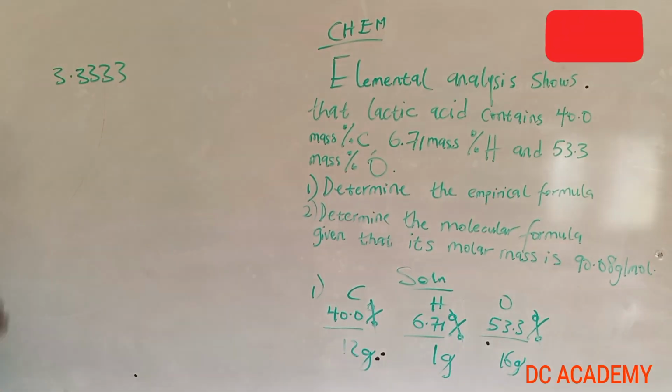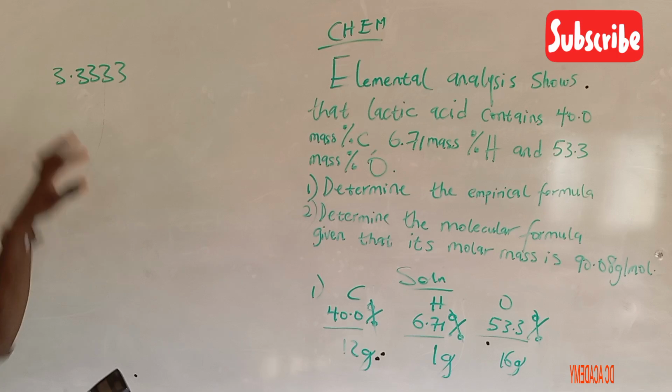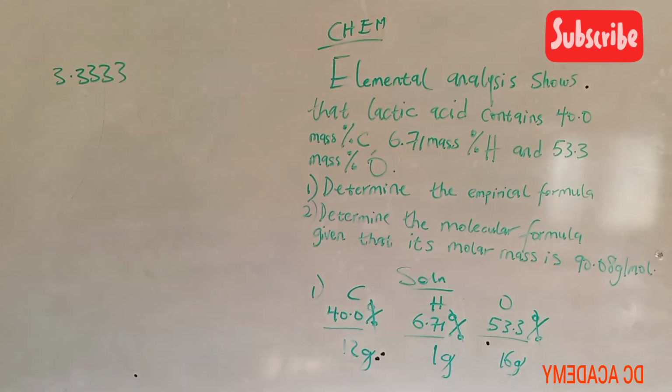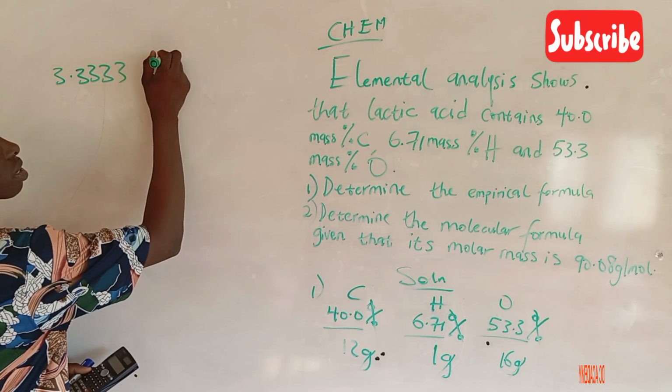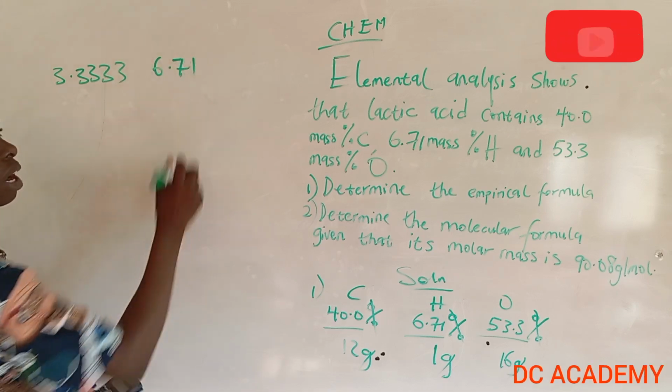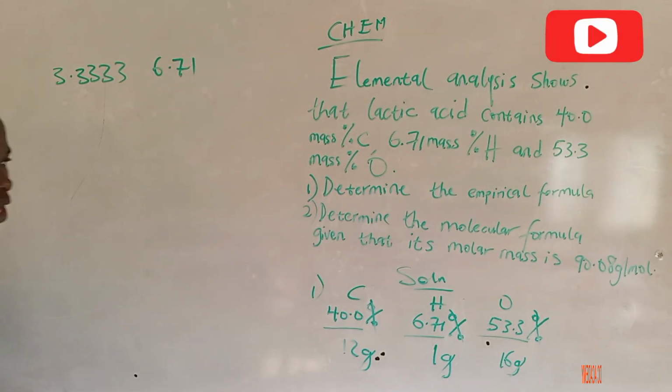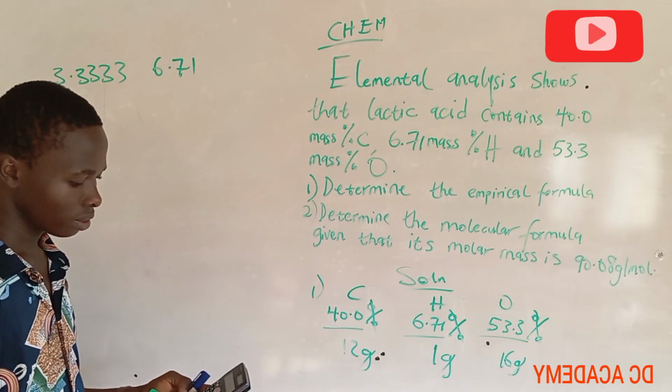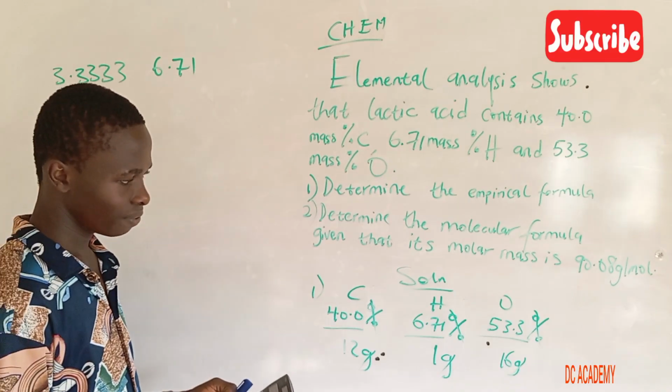At this point, it's advisable to leave your values at four decimal places. Now, for hydrogen, 6.71 divided by 1, we have the same value, 6.71. And then for oxygen, 53.3 divided by 16.